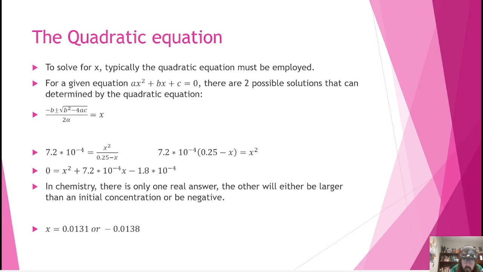Well, one way to go about solving this is the quadratic equation, where the quadratic looks like ax squared plus bx plus c. And it always gives you two solutions where the quadratic would essentially cross the zero line.